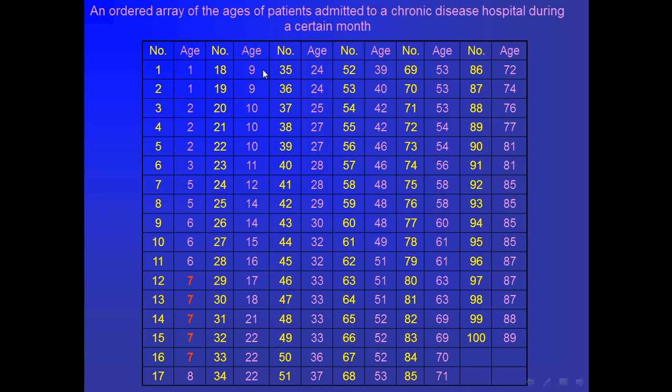We have to check which one has the most recurrent frequency. This is the age of 1 or age of 2 or age of 3, and we have to calculate. So here the age of 7 recurs 5 times. So the most frequent number is number 7. This is the mode.